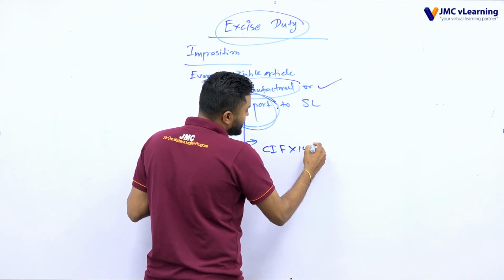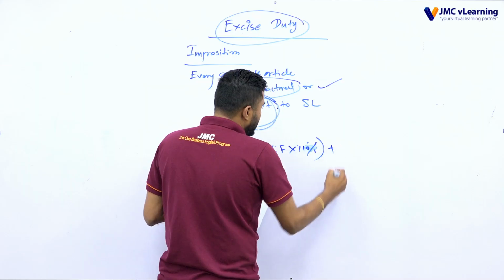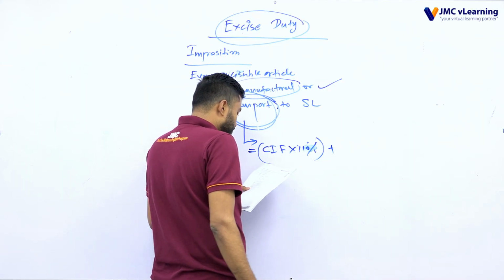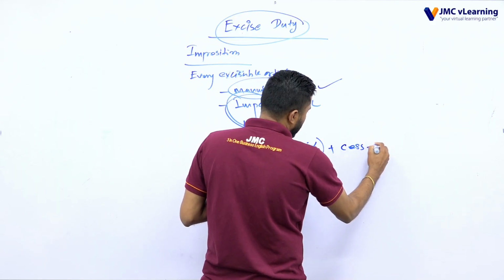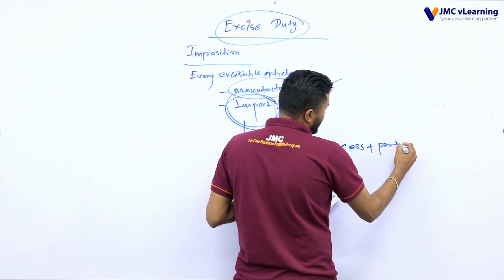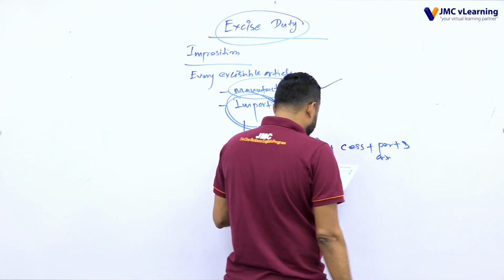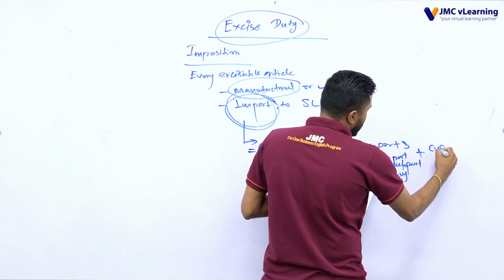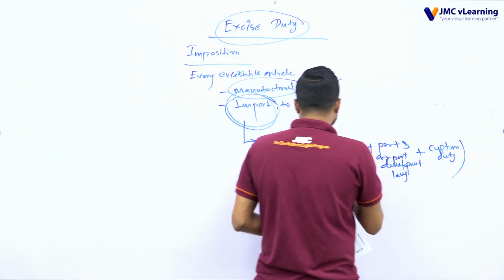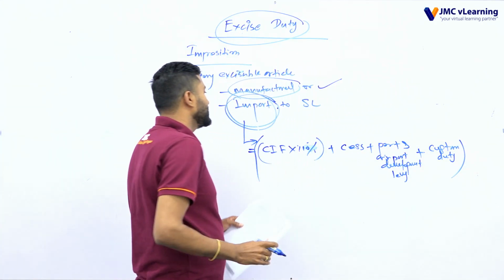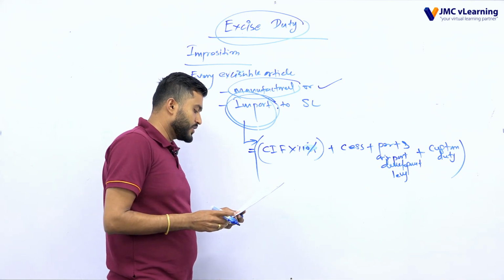You need to multiply it by 110%, and then you need to add port development levy, cess, and port and air development levy. Then is there any customs duty? This is the value of the particular excisable article for importation.